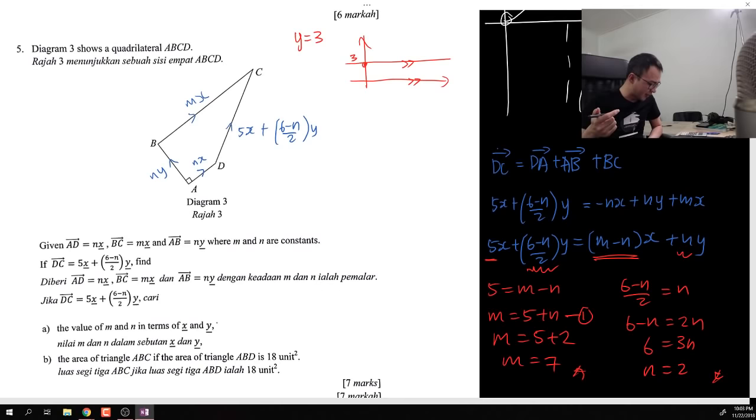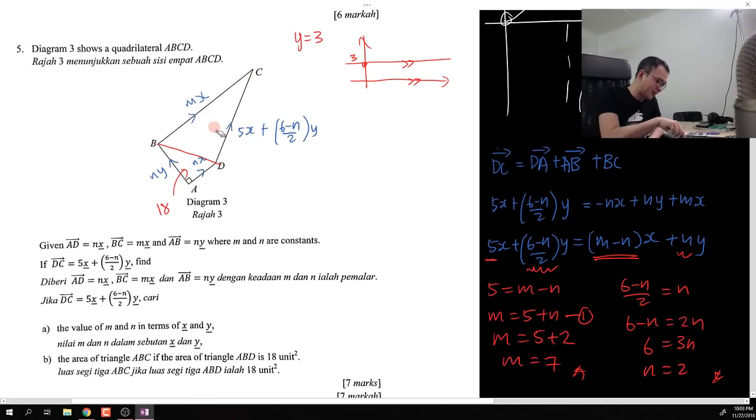So the area of triangle ABC, if the area of triangle ABD is 18. ABD is this triangle, and if this triangle is 18, they ask about ABC, this triangle.